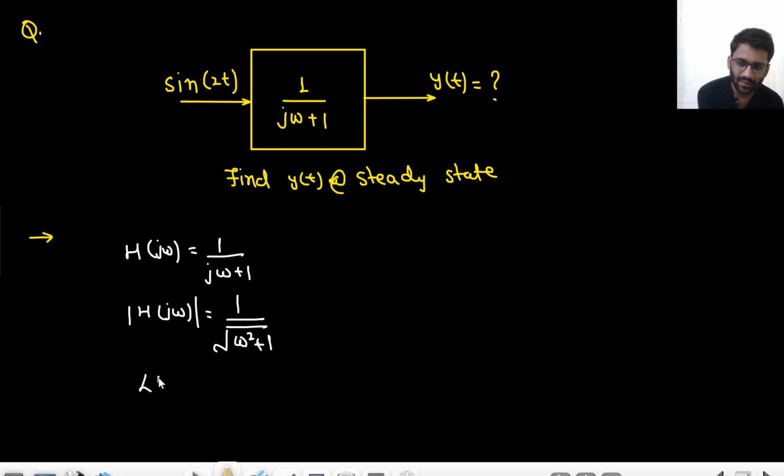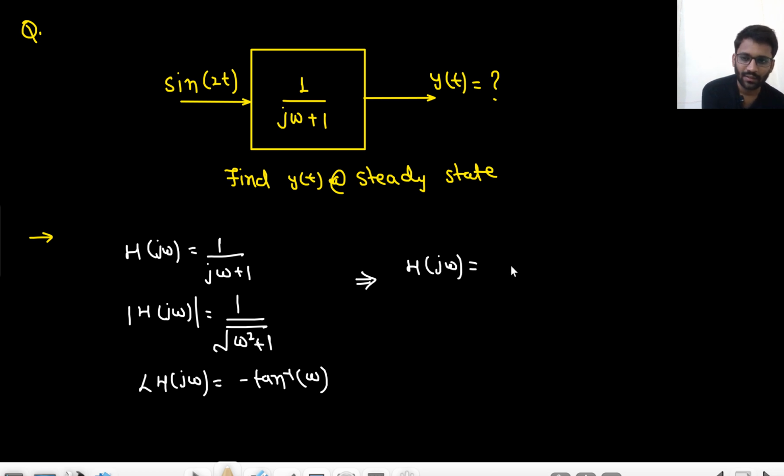What is the angle? The angle is minus tan inverse omega, because the angle here is tan inverse omega and 0 minus tan inverse omega, so the angle is minus tan inverse omega. So simply you can write h of j omega as 1 upon root omega square plus 1; this is the magnitude, and this is the angle.